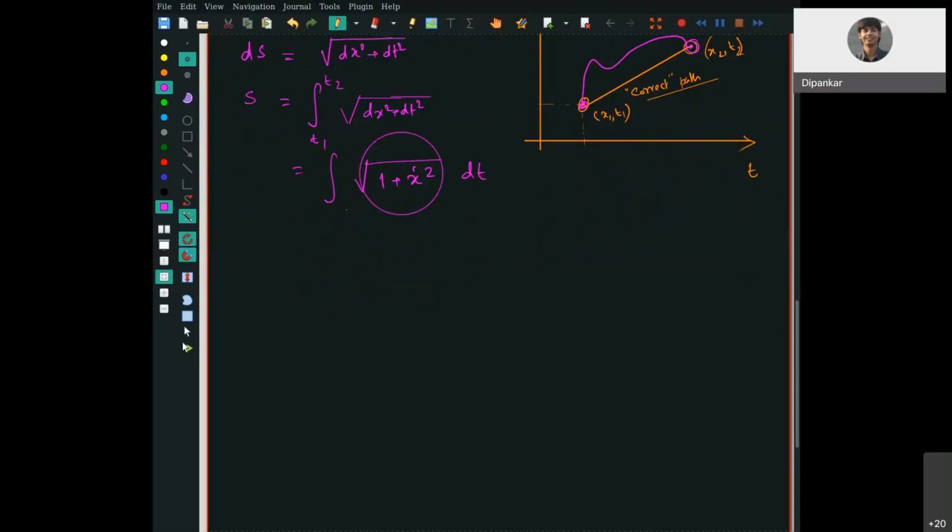Minimizing the square root of 1 plus x dot square and minimizing 1 plus x dot square is the same. So I can take L equals 1 plus x dot square, and ask that I am trying to minimize S equals the integral of L dt, and that should give me this path from this abstract principle.